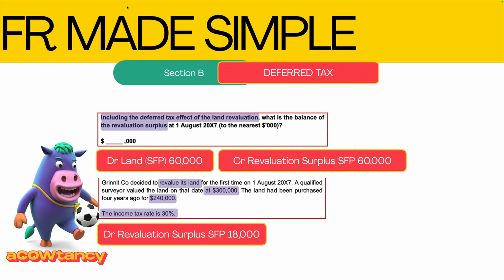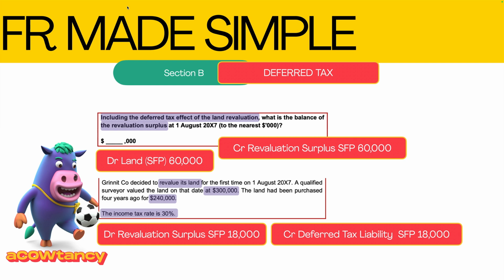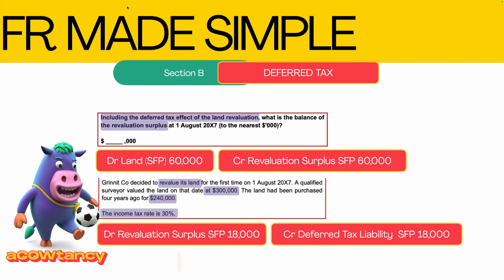Okay, the revaluation gain went to the revaluation surplus. So therefore the tax on that goes to the revaluation surplus. And you credit deferred tax liability. So your revaluation reserve, your revaluation surplus had a positive 60, then you took off 18. The answer is 42,000.